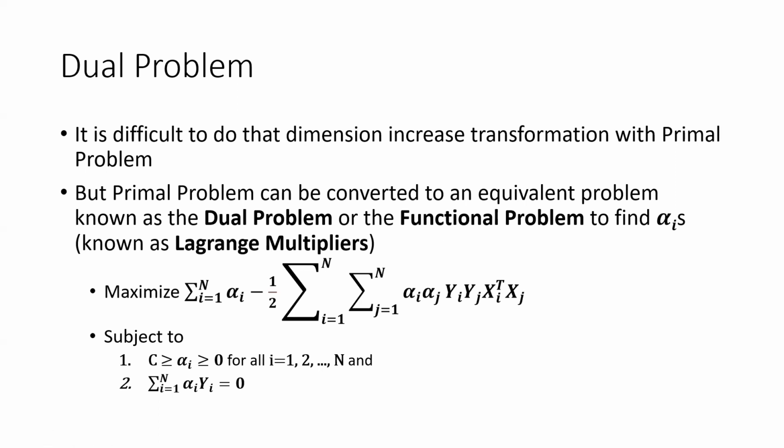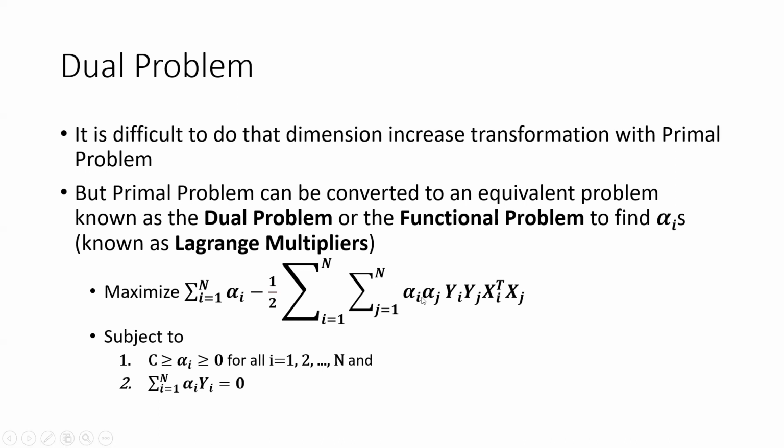And if we can convert the primal problem into this form, and if we can optimize it under these constraints, right? The alpha i is between 0 and C, for all the i values, and when the summation of alpha i y i is equal to 0, we can find the values for these alpha values, right?